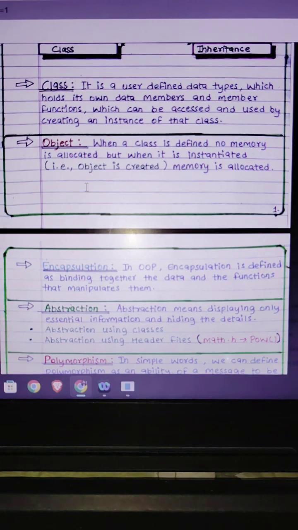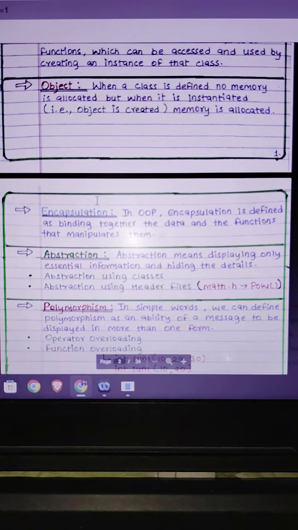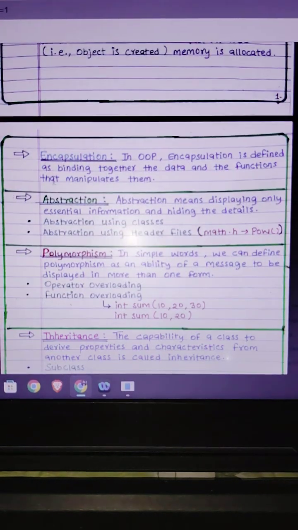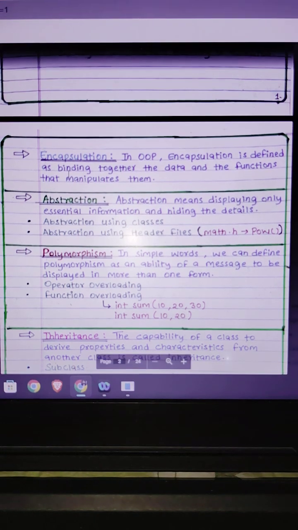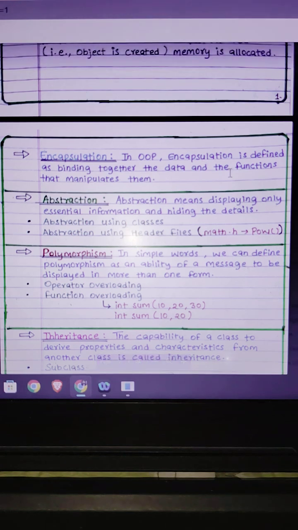Now move to the next type of OOPS, which is encapsulation. Encapsulation is defined as binding together the data and the functions that manipulate them. Encapsulation is also known as binding the data.